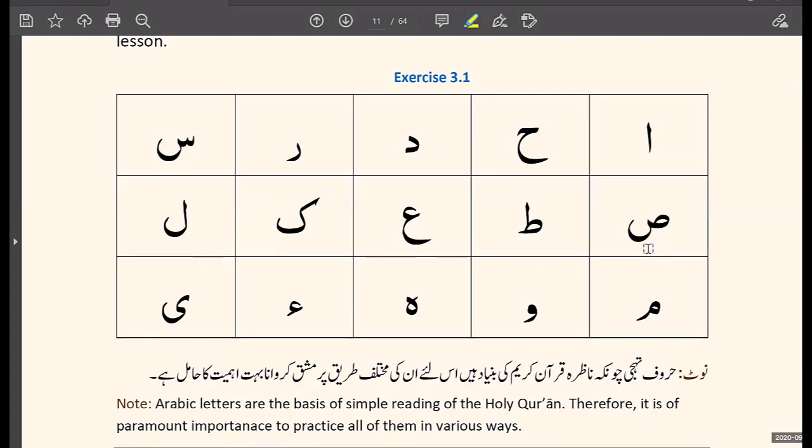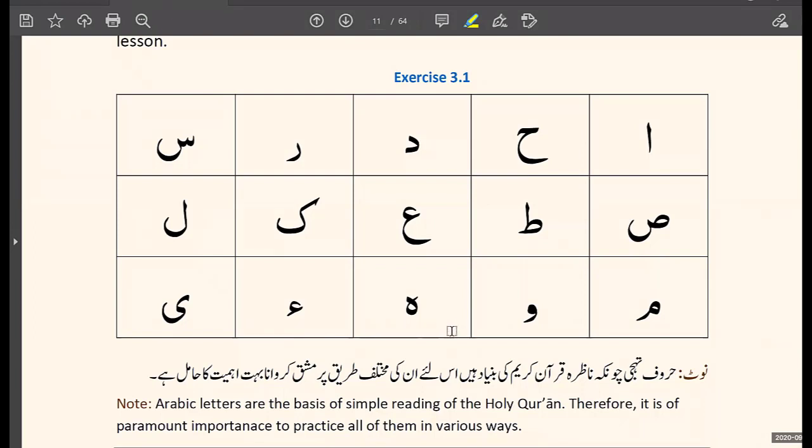Sod, Ta, Ain, Kaf, Lam, Mim, Waw, Ha, Hamza, Ya. Well done.